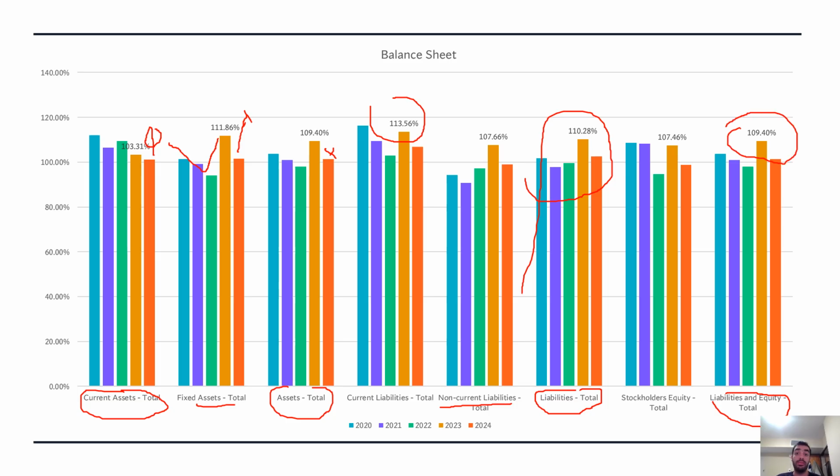An overall observation of the financial position of CVS is asset growth: significant investment in fixed assets has boosted overall asset value. Regarding the rising liabilities, both short and long-term debts have contributed to increasing obligations.